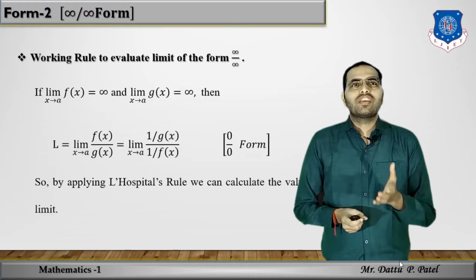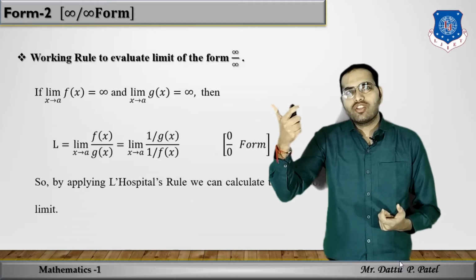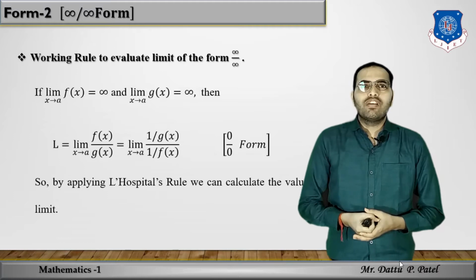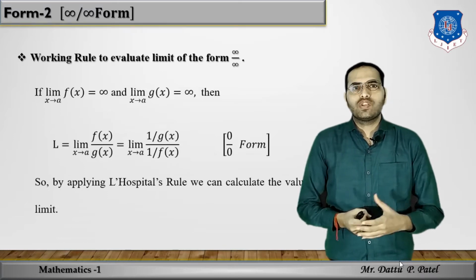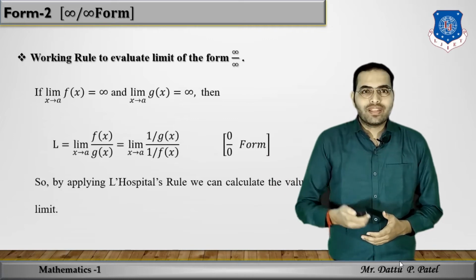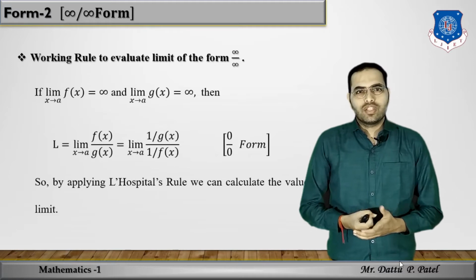If limit x tends to a, f of x equals infinite, and limit x tends to a, g of x equals infinite, then L equals limit x tends to a, f of x by g of x, equals limit x tends to a, 1 upon g of x upon 1 upon f of x. That is our 0 by 0 form.